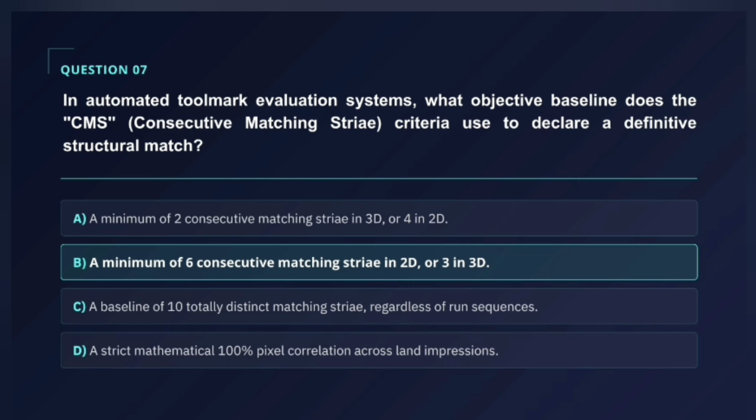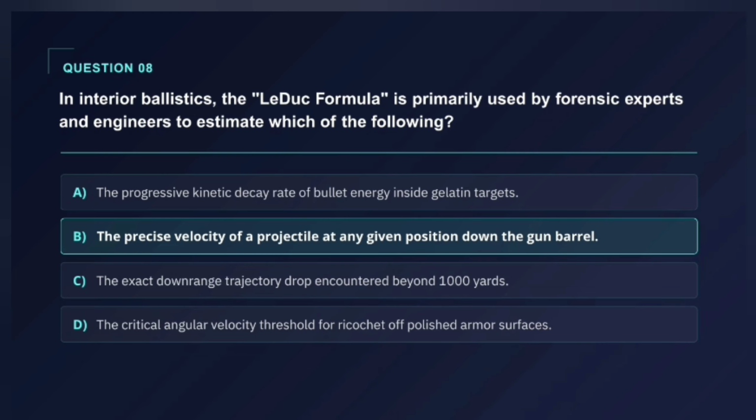The correct answer is B, a minimum of 6 consecutive matching striae in 2D or 3 in 3D. The CMS criteria developed by Biasotti and Murdock uses statistical probability to eliminate human error. If a run meets these consecutive thresholds, the possibility of a random match drops to 0.